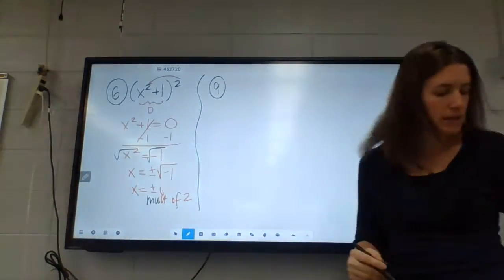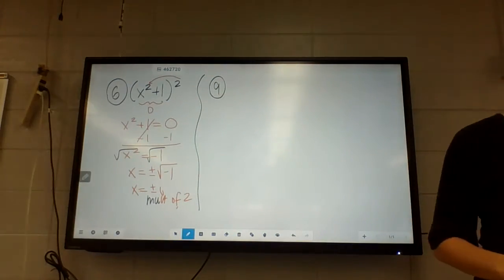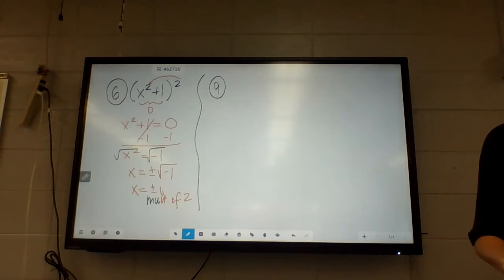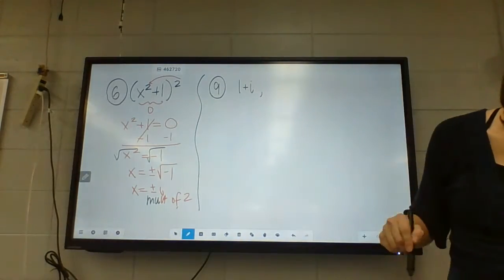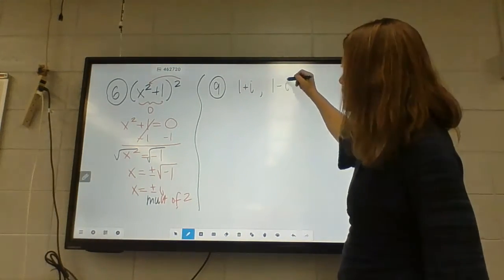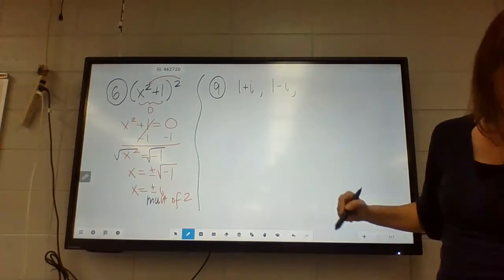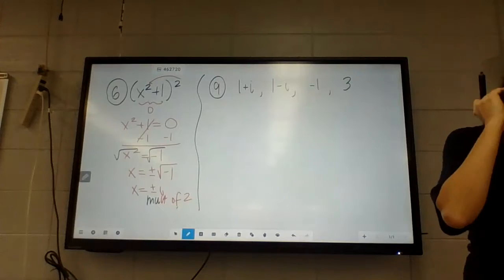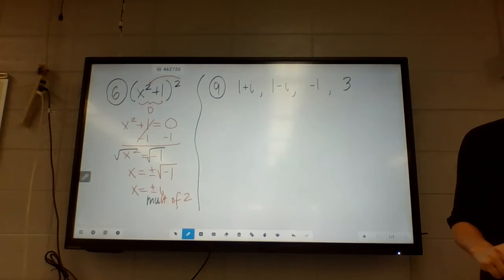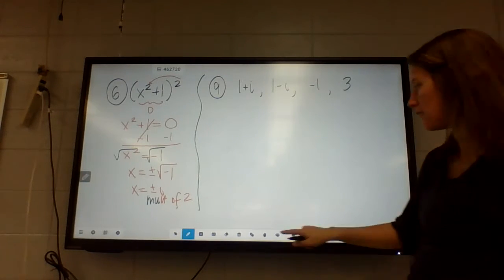All right, so number 9, it gives us some zeros. So it says has the following zeros. So 1 plus i, 1 minus i, -1 and 3. And then it tells us the 3 has multiplicity 2, the others have multiplicity of 1.